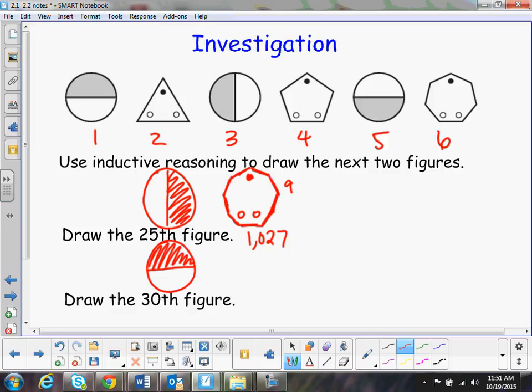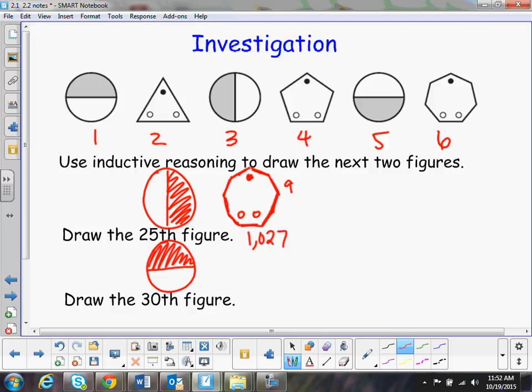With the left side? How do you know it's the left side? So the 1025th will be the top for sure. Think so?